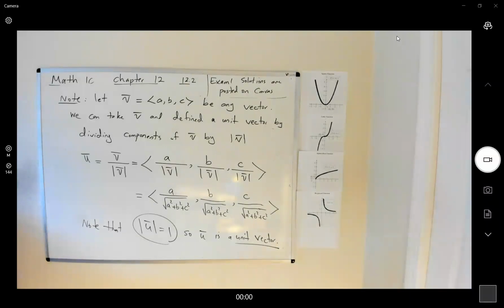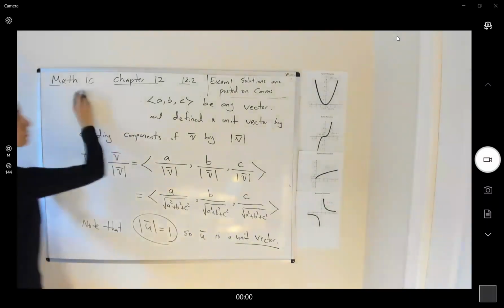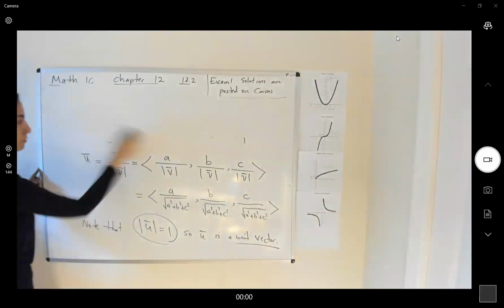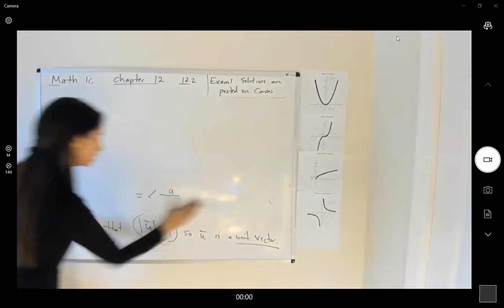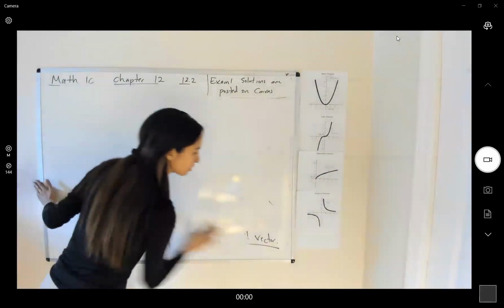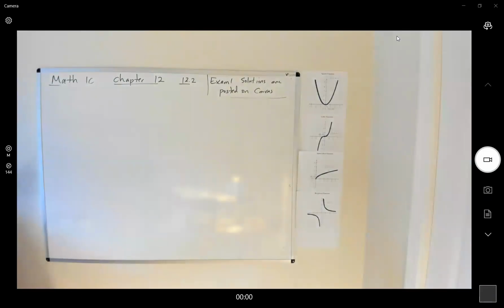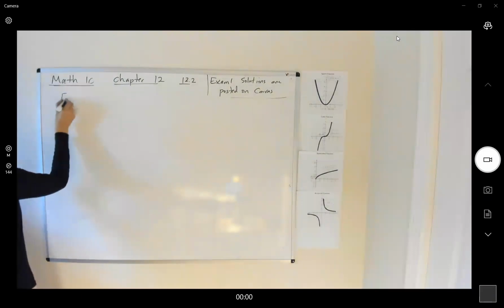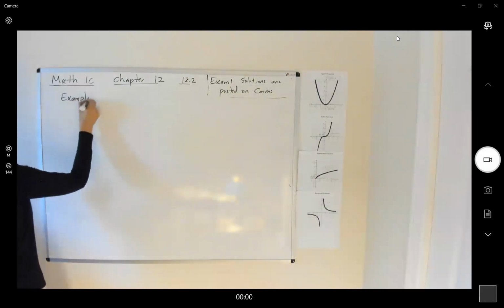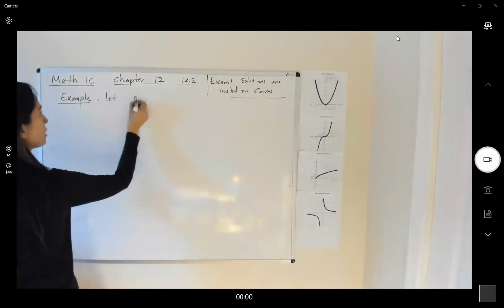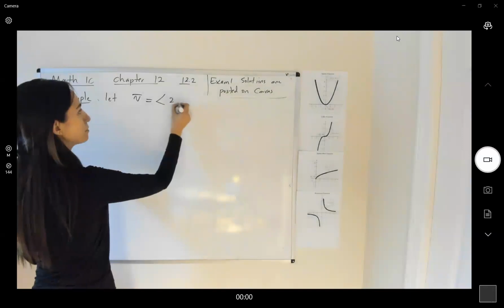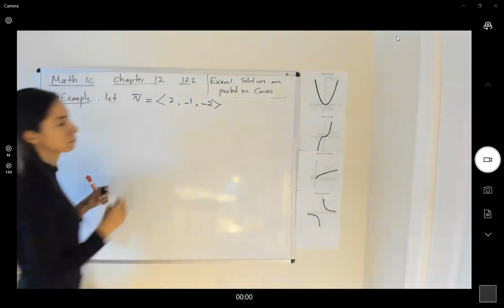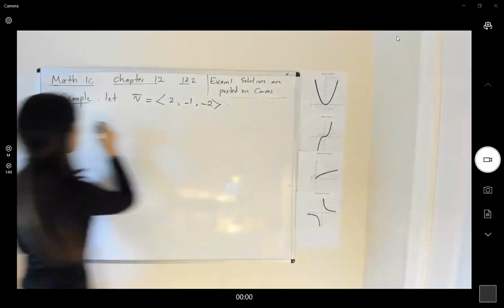Very well. Here you have a vector, and you're going to transform that vector into a unit vector, a vector with a length of 1. So, example: let V be the vector 2, -1, and -2, for a unit vector.